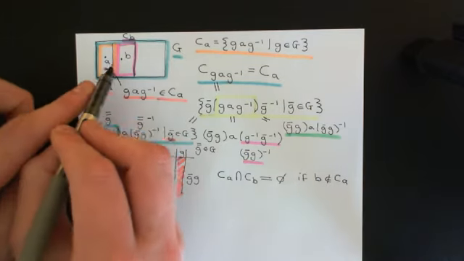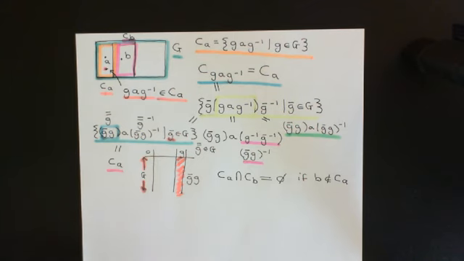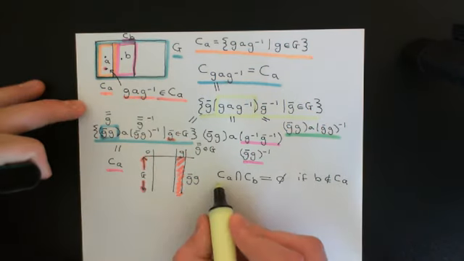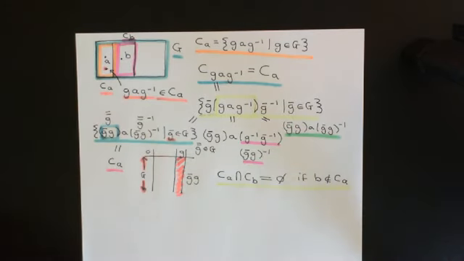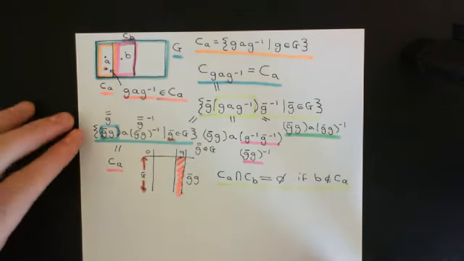So I assumed little b was outside of the conjugacy class of little a, and what I claim is that the entire conjugacy class of little a is completely disjoint from the conjugacy class of little b. So there is no element that these two conjugacy classes have in common. Their intersection is the empty set.